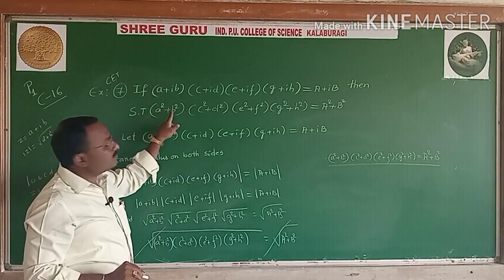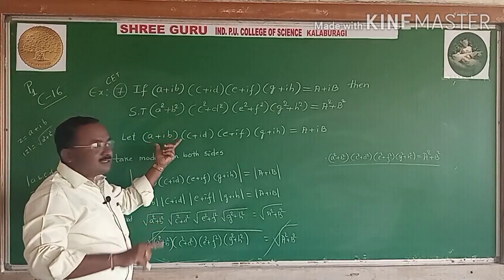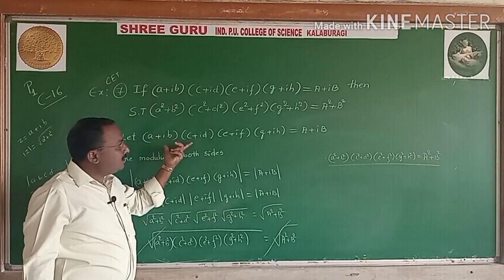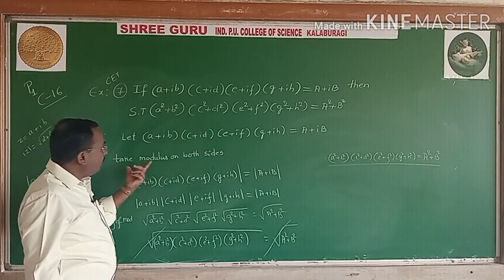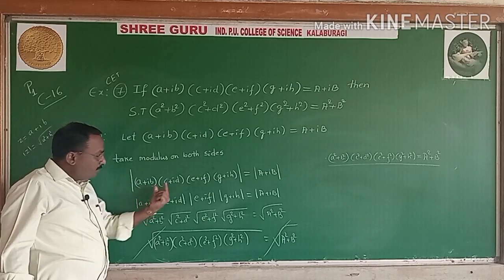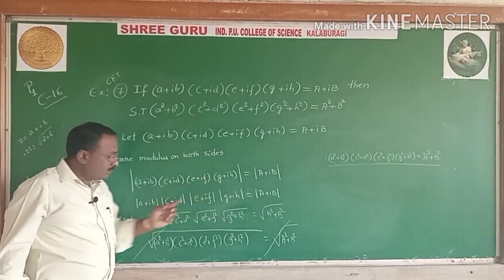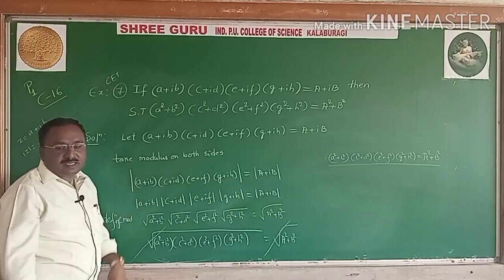Take modulus of the product, individual modulus for each, apply the modulus definition, and square and root get cancelled.